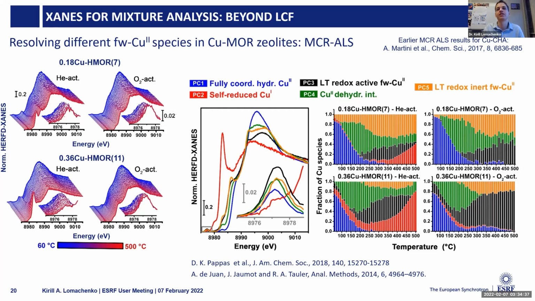And in this case, this prior knowledge was present from calculations, from different other techniques, from other XAS experiments in more controlled conditions. So we knew that, for example, the red spectrum is the spectrum of the linear copper 1, or the blue spectrum is the spectrum of hydrated copper, and so on.